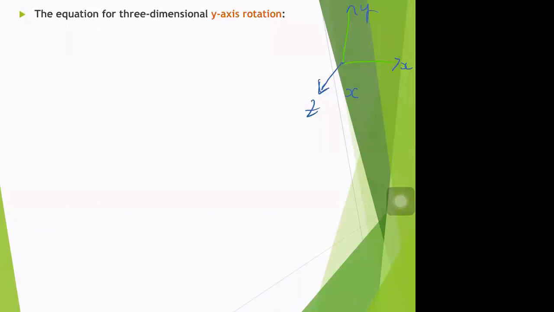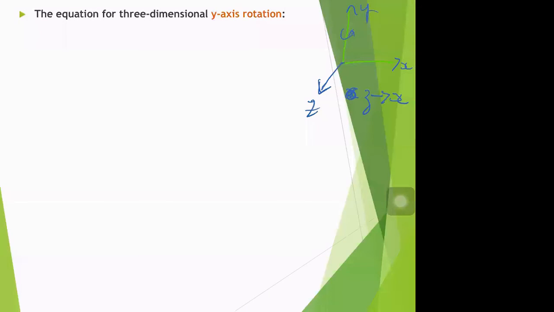This is my y. It rotates like this. So in y-axis, which rotation? Z-axis followed by x-axis. So let us write the equation now.